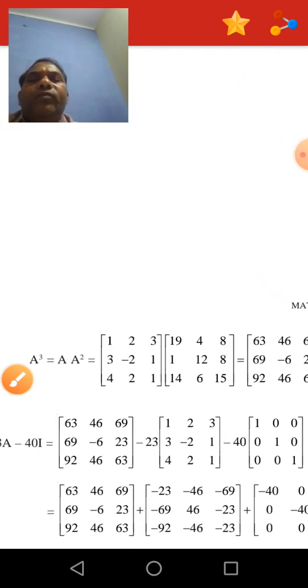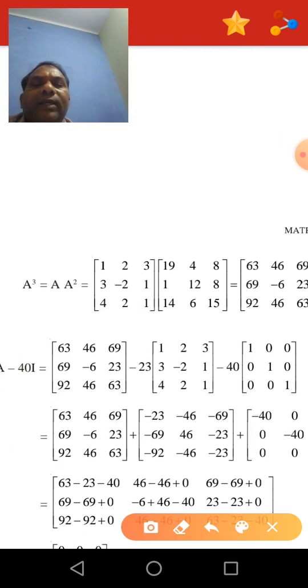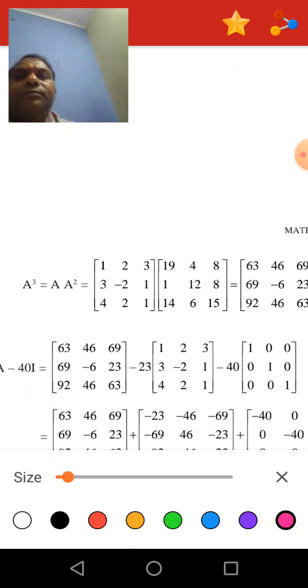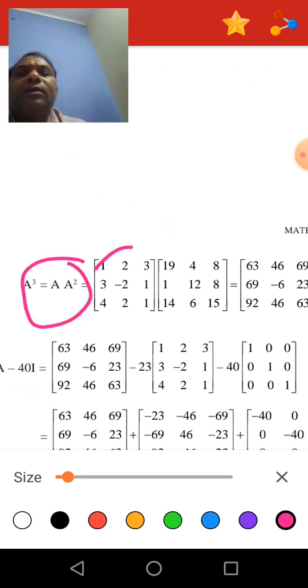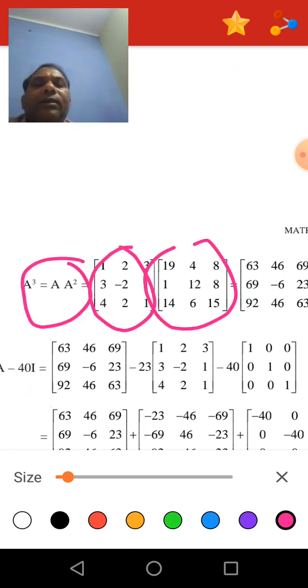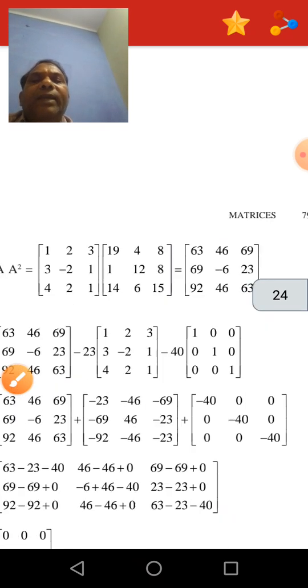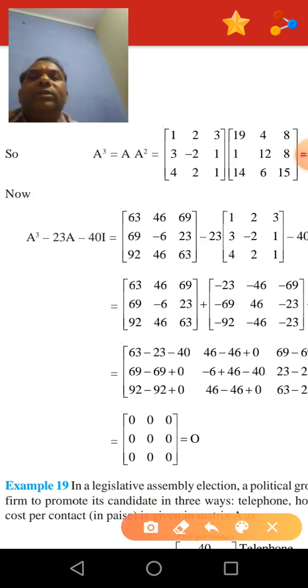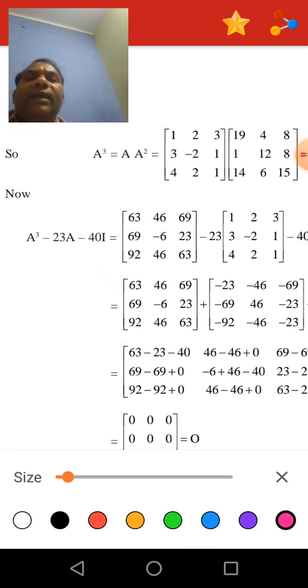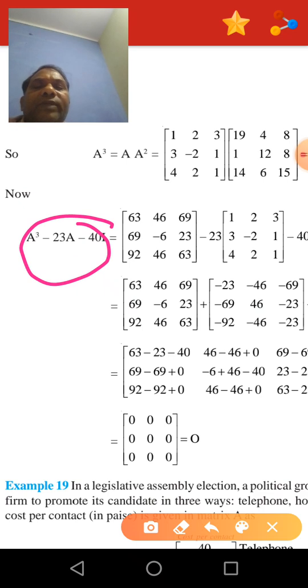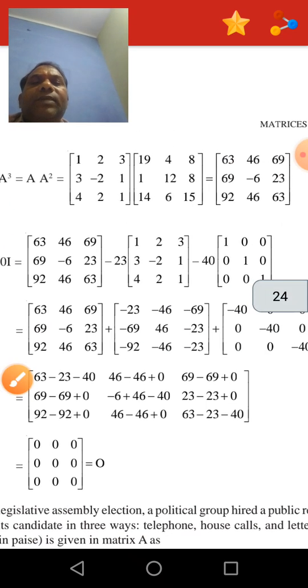A cube will be equal to A into A square. Clear? Then you can find A cube. After finding A cube, put the values of A cube, A and I, which will be equal to this one.